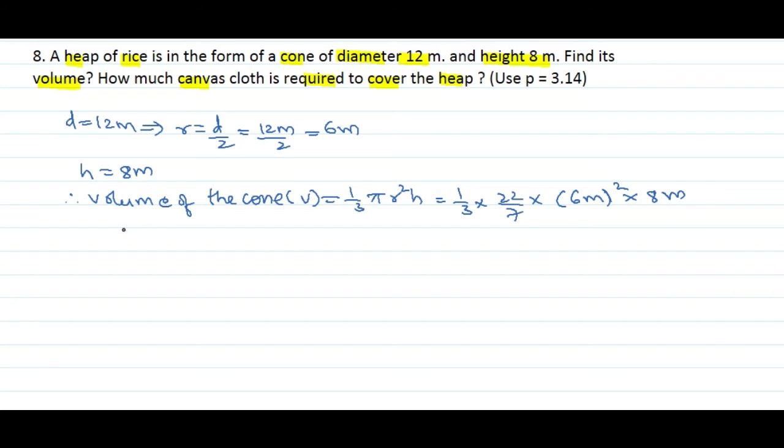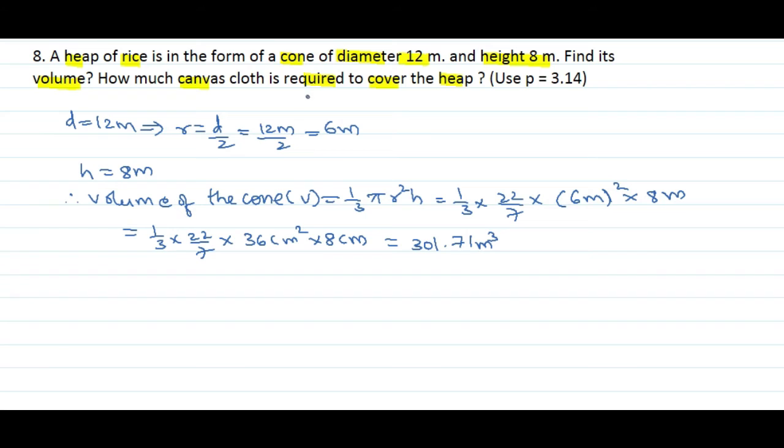So which is equal to 1 by 3 into 22 by 7 into 36 into 8, which is equal to 301.71 meter cube. So this is the volume of the cone.